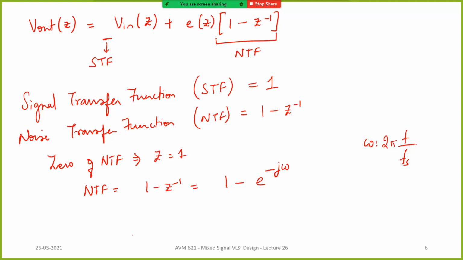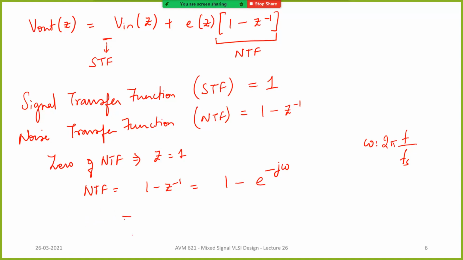Now this is our transfer function. Let us try to see what happens to the magnitude of NTF. How can you write the magnitude of NTF? This 1 minus e power minus j omega can be done in different ways.